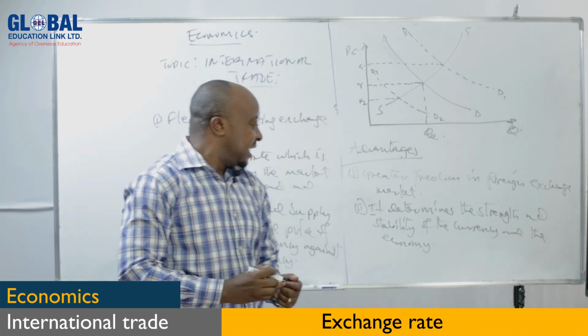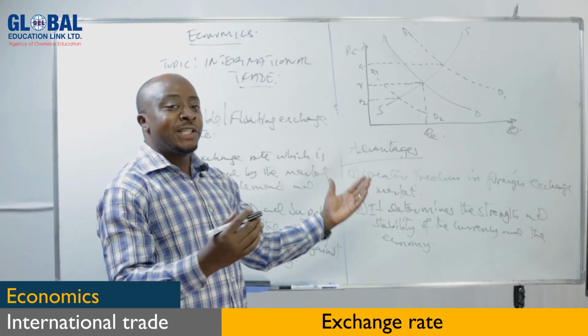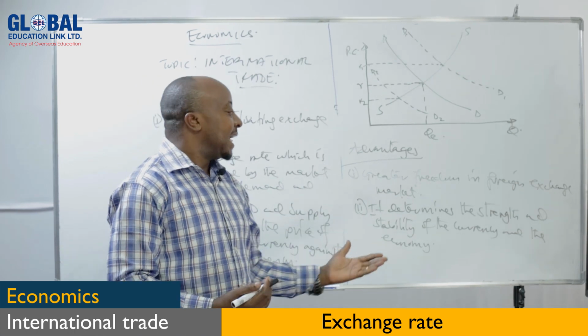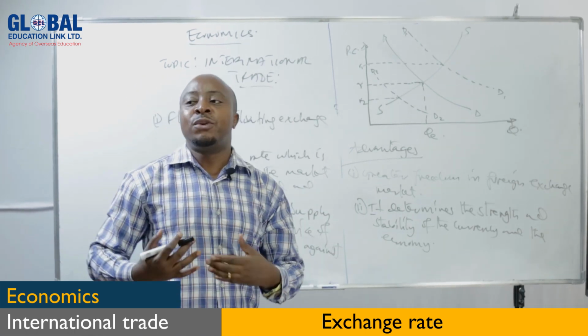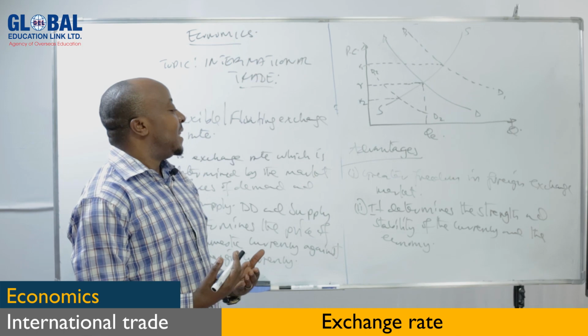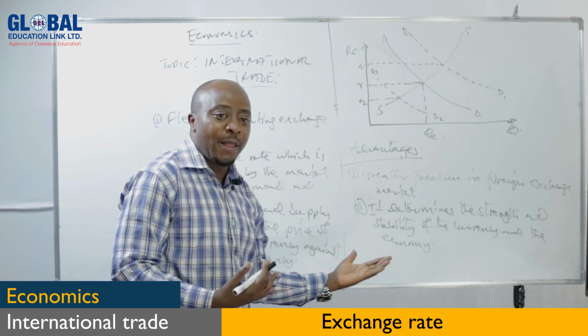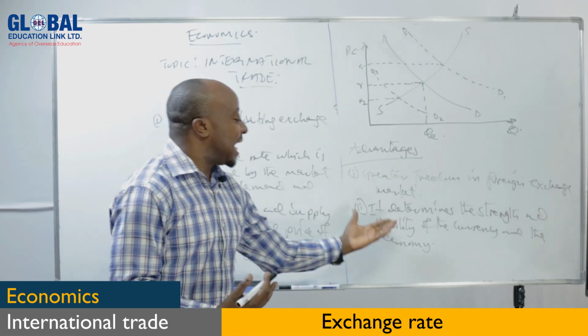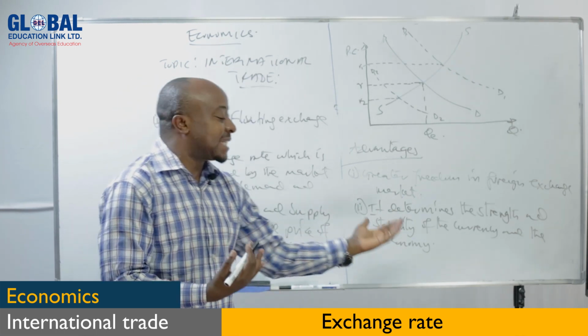Again, if this form of exchange rate is used in the economy, one of the advantages is that it is used to show whether the economy is stable or not stable. It can also be used to know whether our currency is stable or not stable.